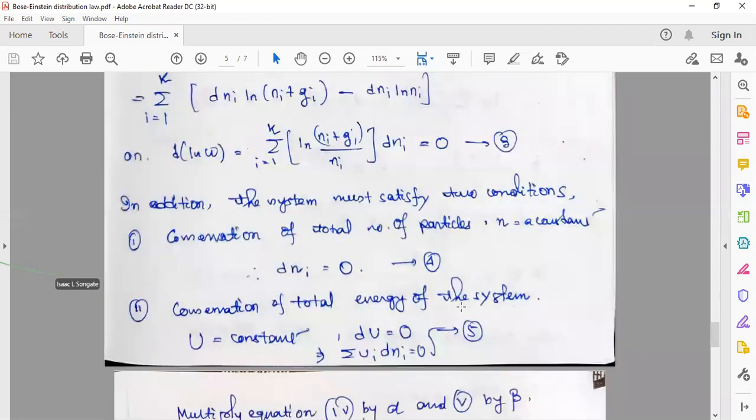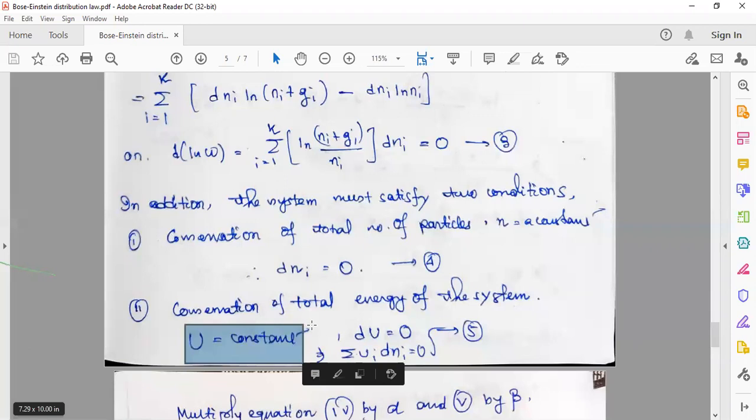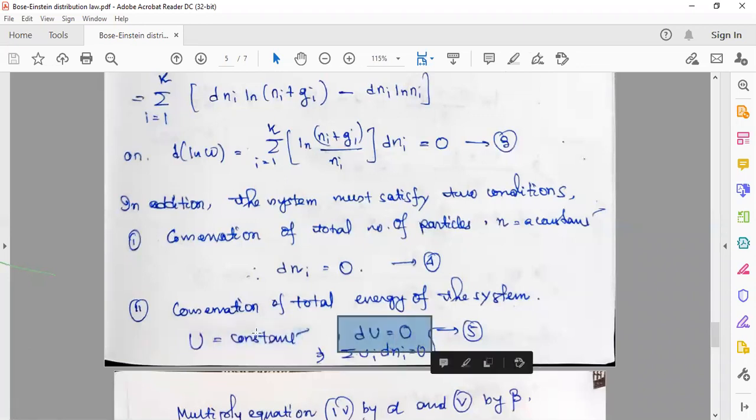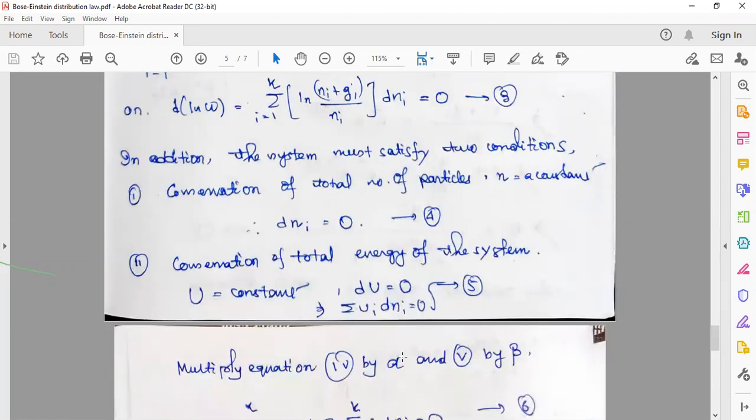And second, conservation of total energy of the system. Suppose the system has a constant energy. In that case, U equal to constant, total energy is constant. Therefore, dU is also equal to 0.